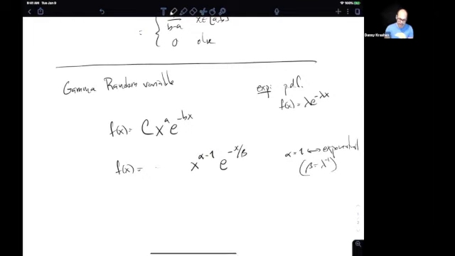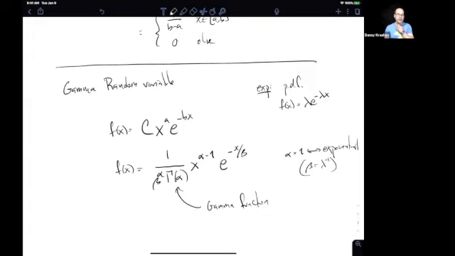And then we need some normalization factor. So the normalization, which is in essence just the integral of that term right there, turns out to be 1 over beta to the alpha times the gamma function evaluated at alpha. This is the gamma function, whereby this random variable gets its name.